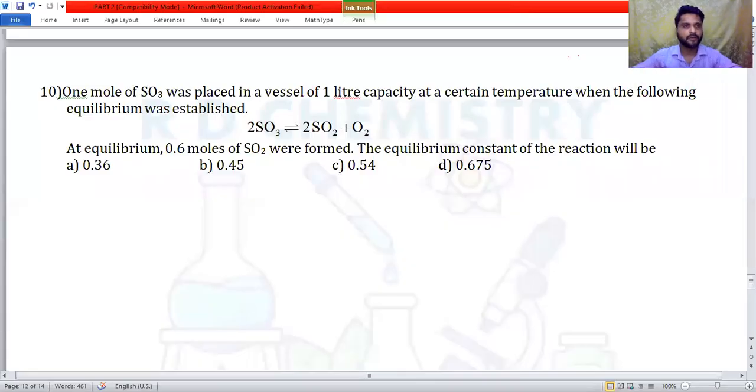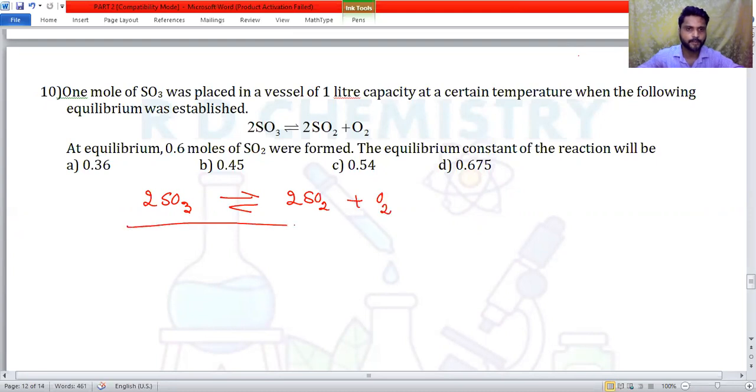Question number 10. 1 mole of SO3 was placed in a 1 liter vessel at a certain temperature and the following reaction is taking place. At equilibrium 0.6 moles of SO2 were formed. The equilibrium constant for the reaction will be equal to? So 2 moles of sulfur trioxide, a gas, gives 2 moles of sulfur dioxide, also a gas, plus oxygen.